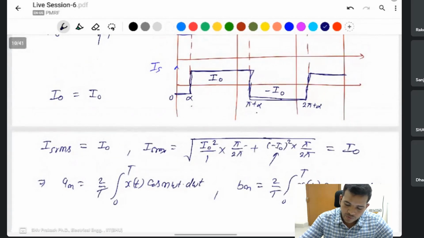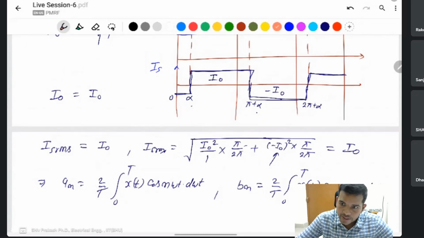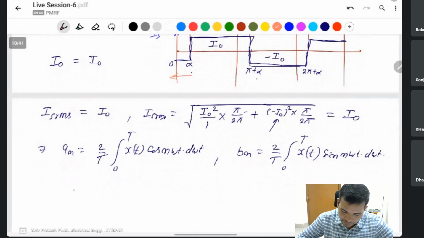But if you observe this one, if I shift the signal in advance, like we shift the signal here by alpha, it means y(t) is equal to x(t plus alpha).